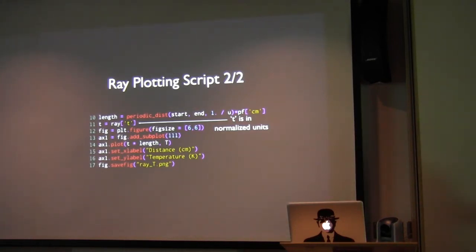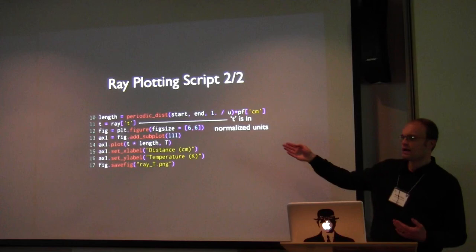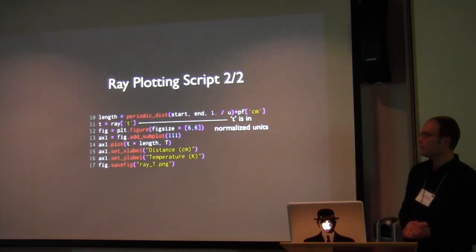Line 12 makes the figure, 13 makes the patch that I'm going to plot on top of. We haven't seen this add_subplot command before. This is a matplotlib thing. And then on line 14 is where I'm making the line plot. And you'll notice I'm multiplying t, which is the normalized length, times the actual length of the ray.